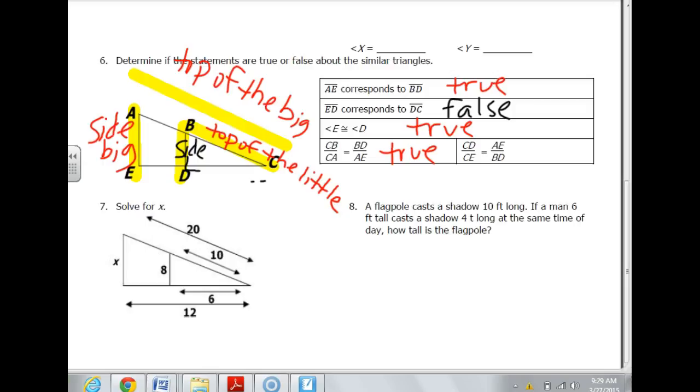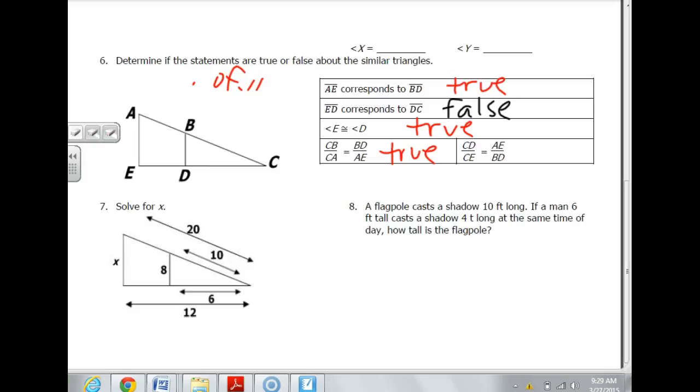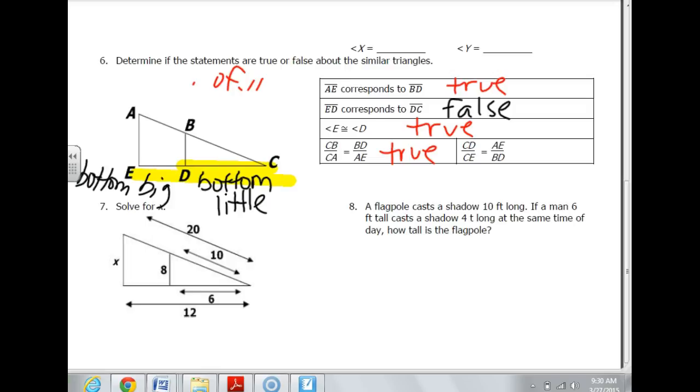And the last one says CD. Okay, so we've got the bottom of the little. And then CE. Okay, CE is that whole bottom of the triangle, the big one. So we've got the bottom of the little over the bottom of the big. And I'm just going to write it over here.